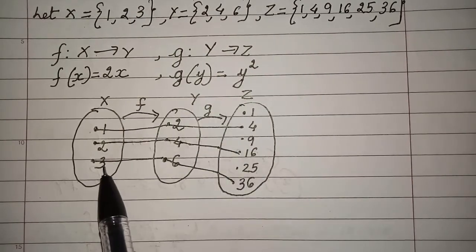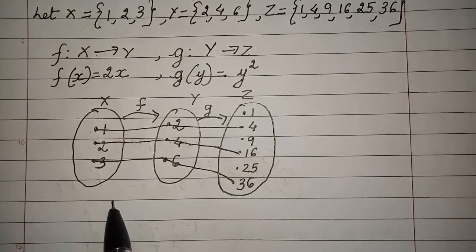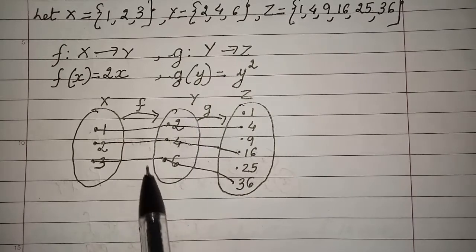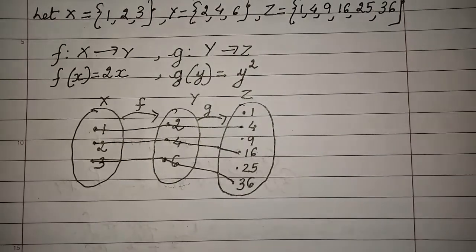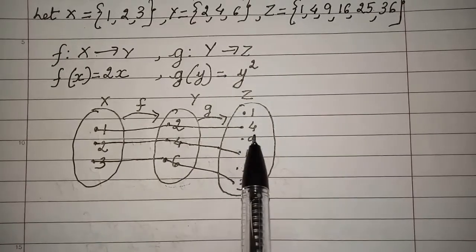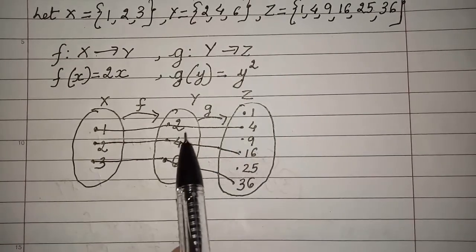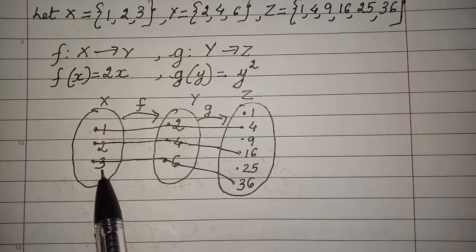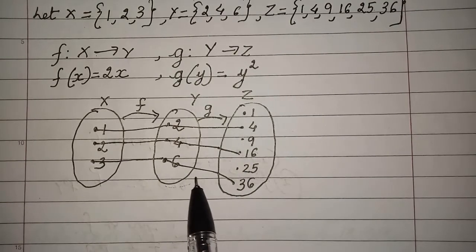And the number 3 belonging to x is assigned to 36 belonging to z. Now this is all done through this function g. Can you see that? With the help of g only, 1 is becoming 4. With the help of function g, 2 is becoming 16. With the help of function g, 3 is becoming 36.